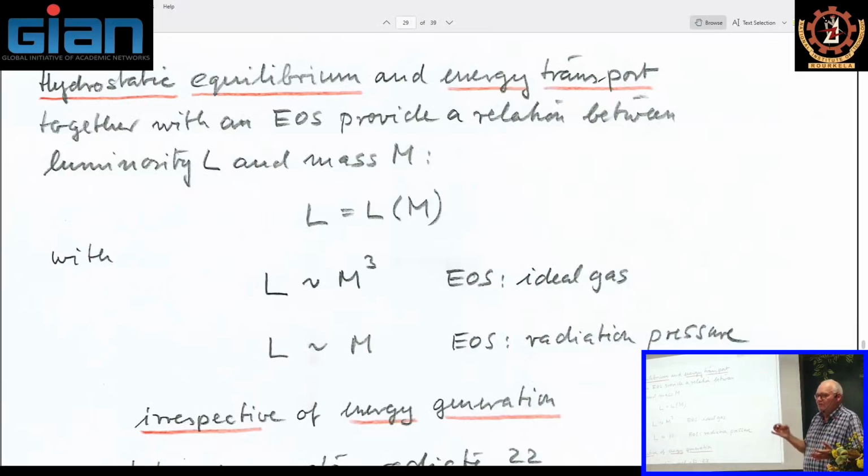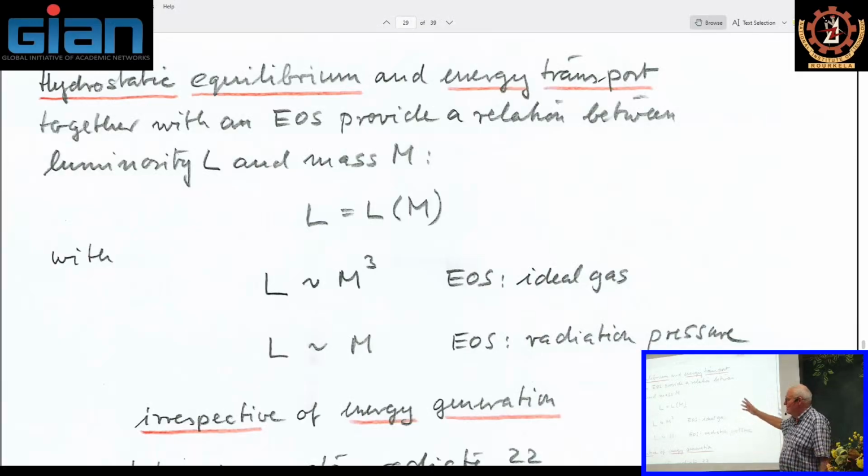Now, once you require the pressure to increase inward, if you have an ideal gas, then of course it could be provided by an increase of density. This actually is not sufficient. It needs, in addition, an increase of the temperature. For the case of radiation pressure, it's immediately clear.